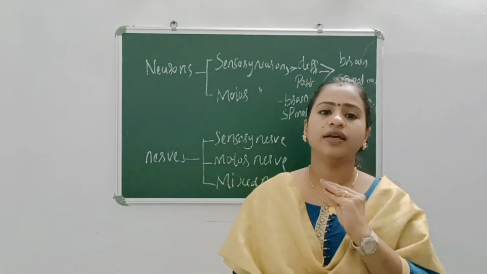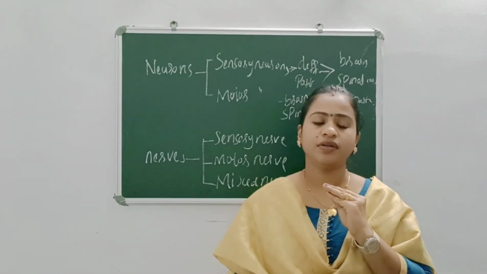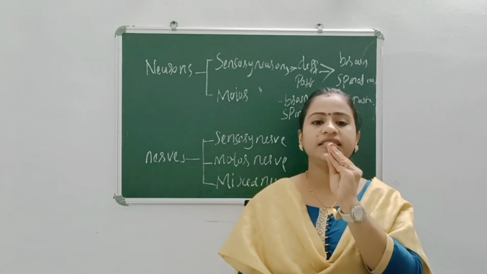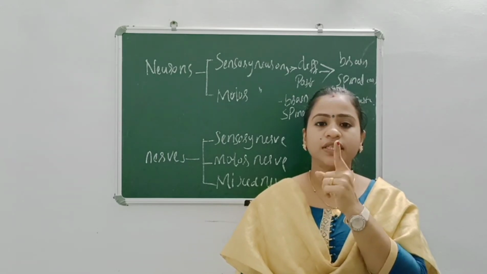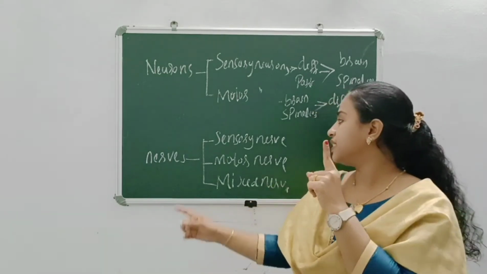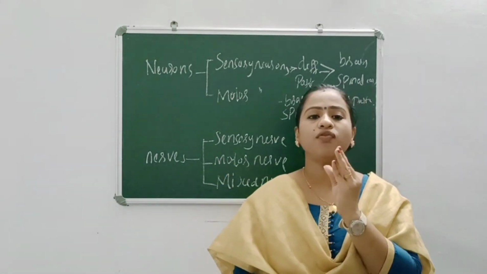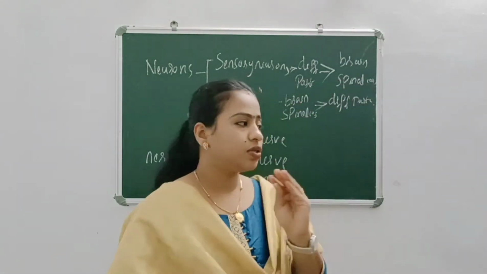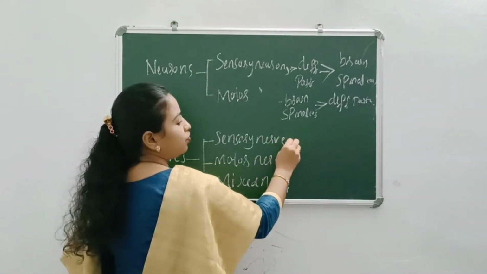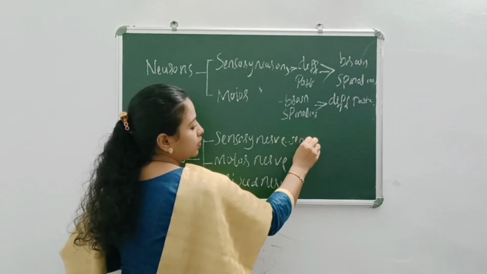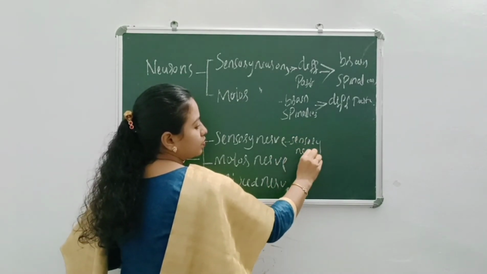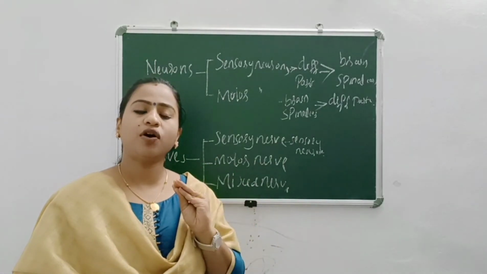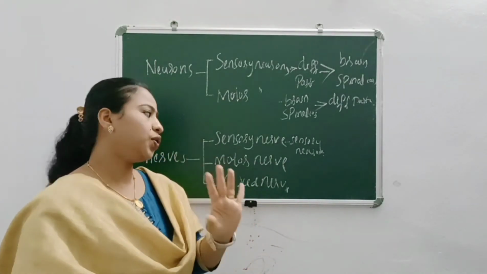Sensory nerve. Okay, then what do you mean by sensory nerve? The sensory nerve is made up of a group of sensory neurons. In the case of motor nerve, it is made up of motor neurons.